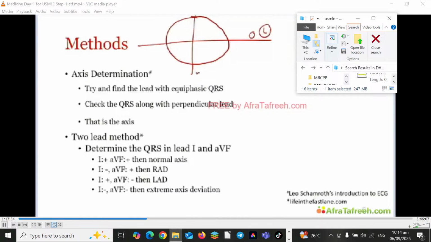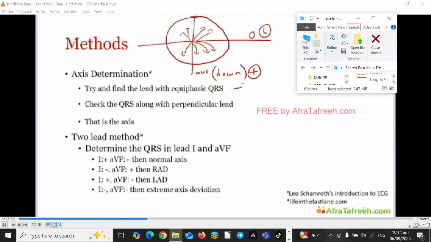Lead AVF determines the bottom, the downside. Any current which is going towards the down would be positive here. Anything which is going up will be negative in AVF.